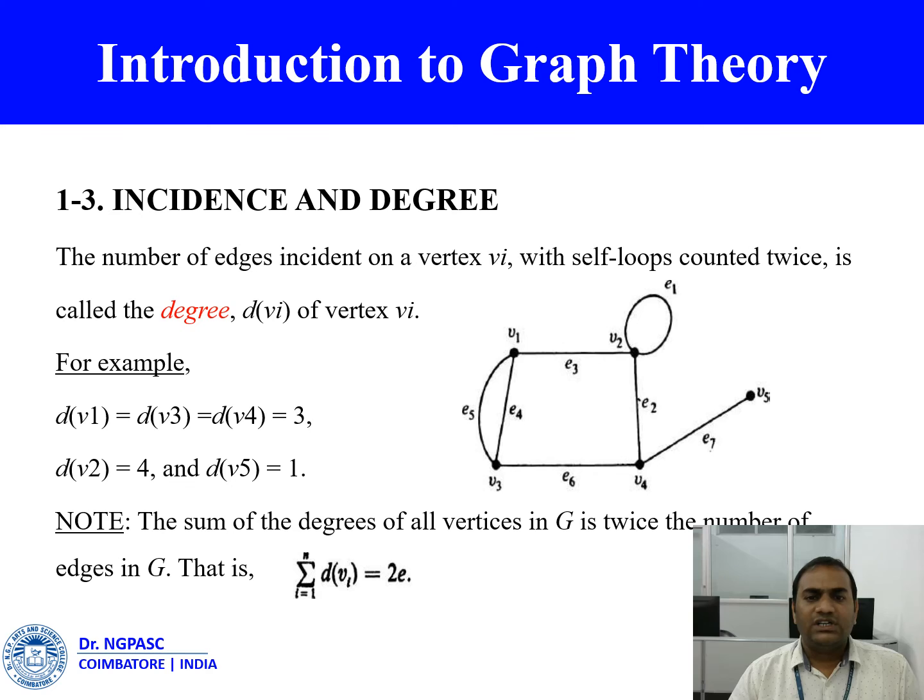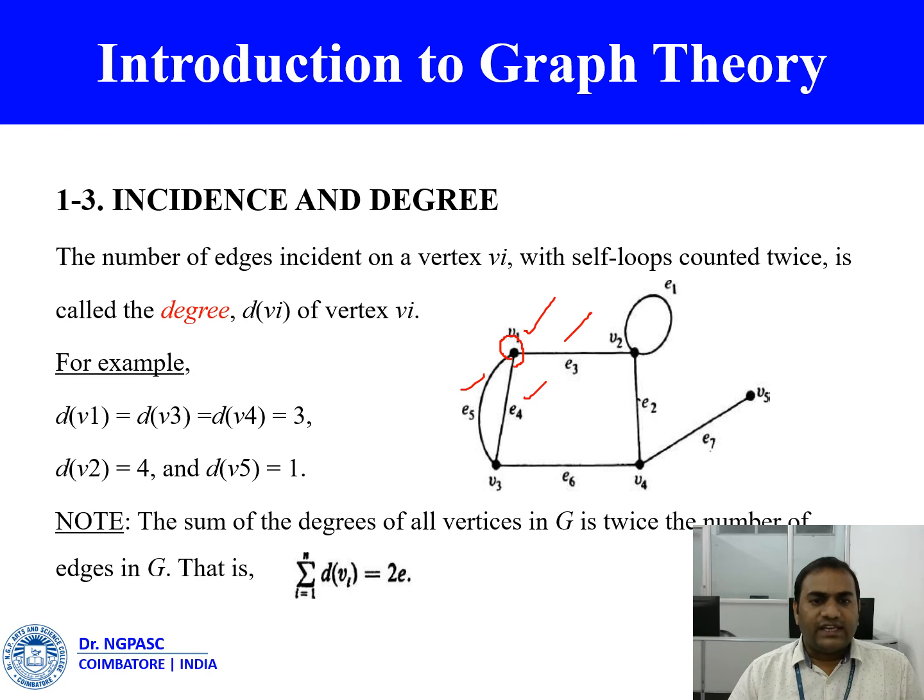For example, in the same diagram there are 5 vertices, and for the degree of V1, there are 3 edges, E3, E4, E5, connected with the single vertex V1. So the number of edges connected with that particular vertex is counted, and that is called the degree of the vertex.